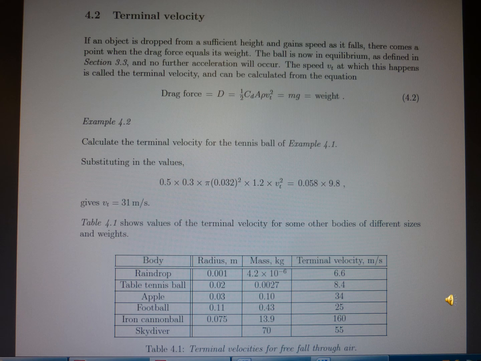Calculate the terminal velocity for the tennis ball. In this case, we have to substitute.